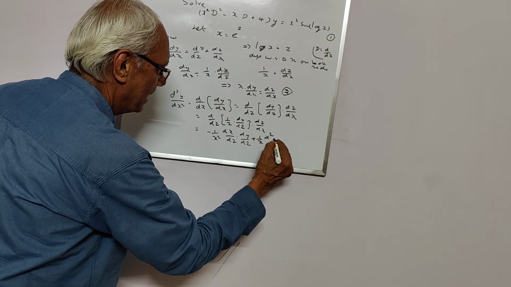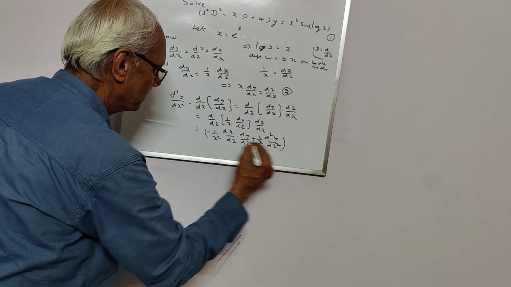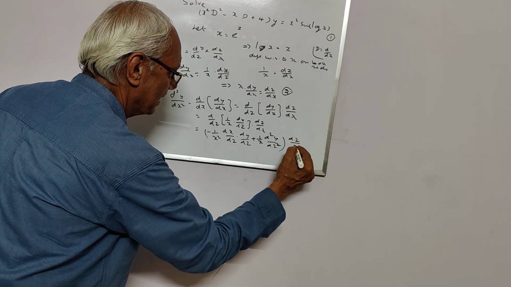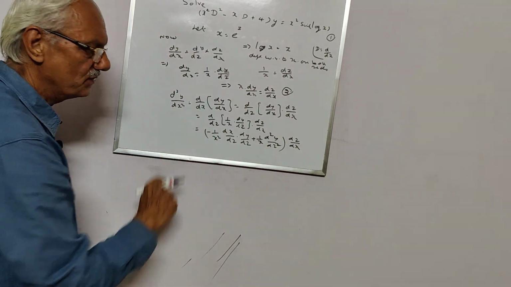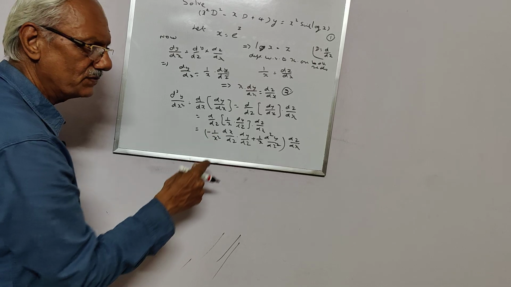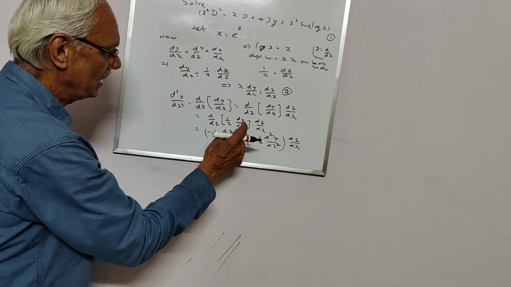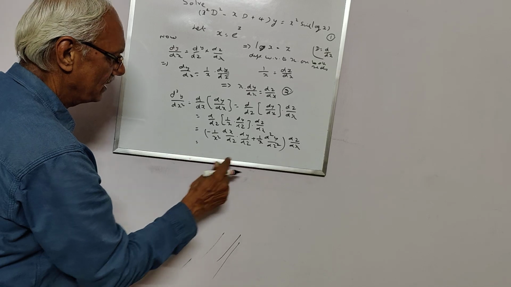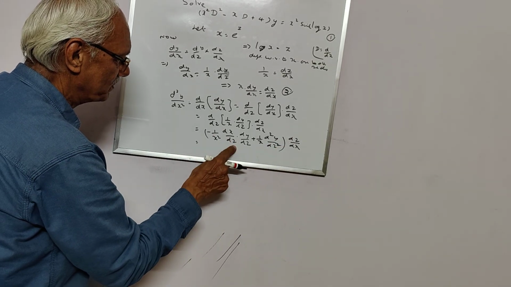So what is it that you'll get? d squared y by dz squared, which must be multiplied by dz by dx. Product form, differentiate with respect to z. So 1 by x, when you differentiate, is minus 1 by x squared into dx by dz into dy by dz. Bring this inside, so it is dz by dx, it is dx by dz.